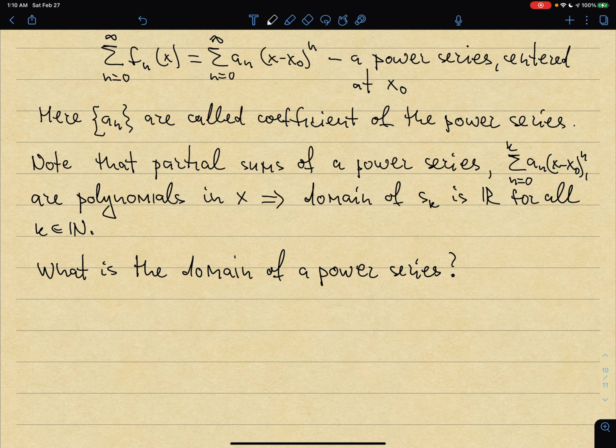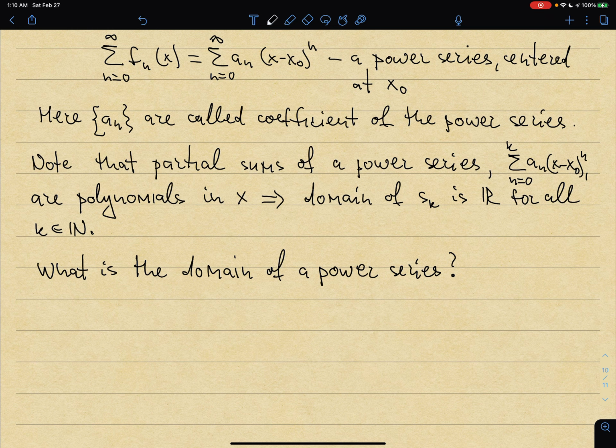And for series, we already know what sort of techniques we can employ to figure out if a given series converges or not. So let's see, what exactly do we need to do to discover at which x the power series would converge? And those x will then form the domain of a power series.